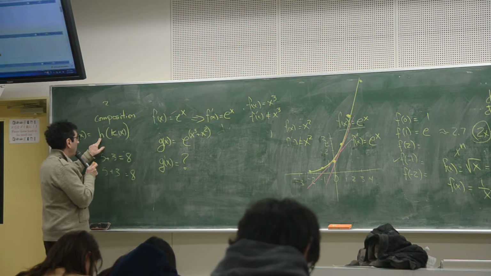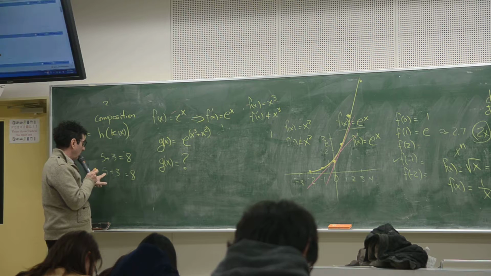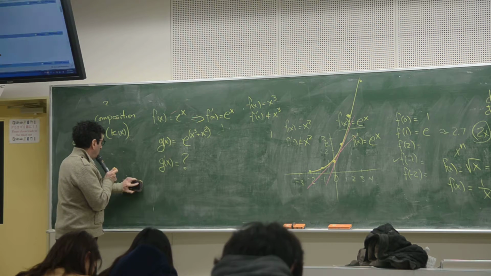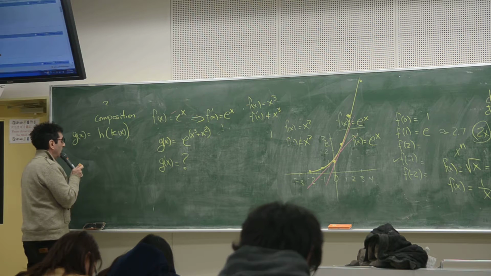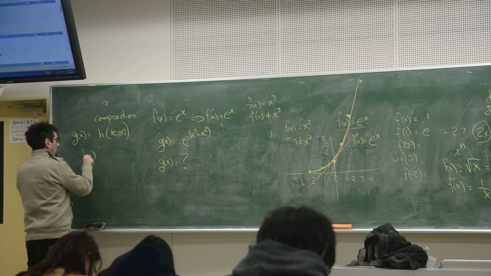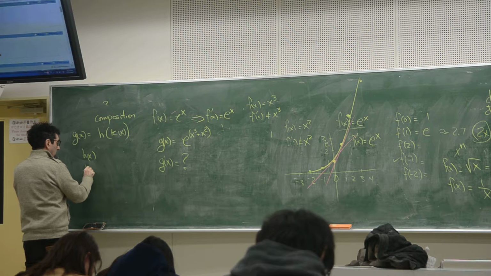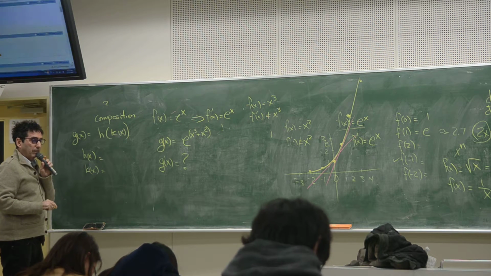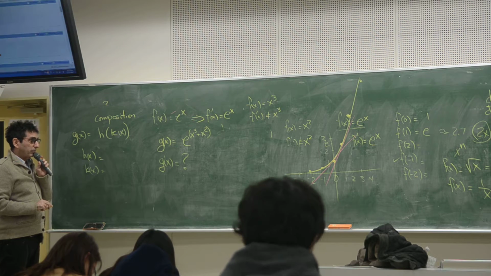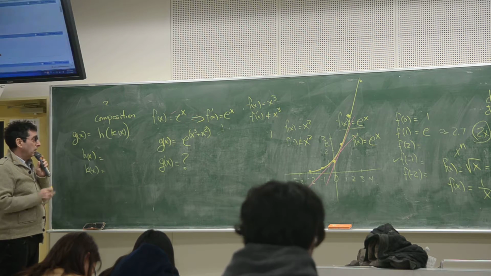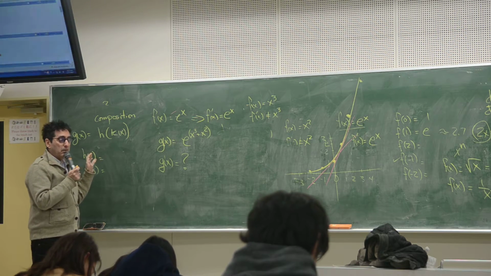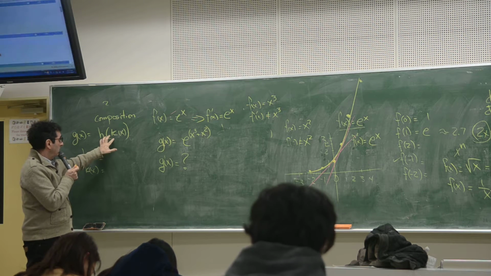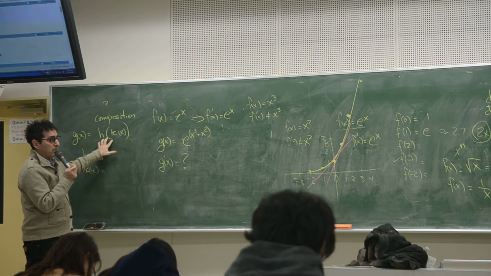So I want to know the h and the k, just like I want to know the 5 and the 3. So what could the h be? And what could the k be that would do this? In other words, we talked about the outside function and the inside function. So in this notation, which is the outside function and what's the inside function?